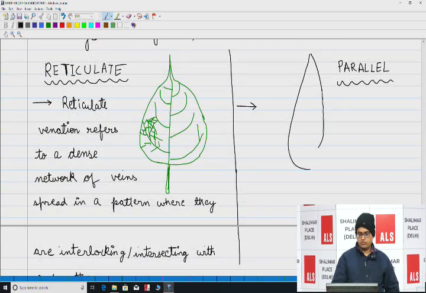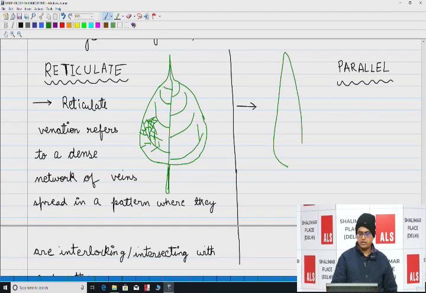Now take an example of bamboo leaf. Bamboo leaf, wheat leaf, or maize leaf, any leaf, or just take grass leaf for example. In this, all the veins are parallel to each other like this.